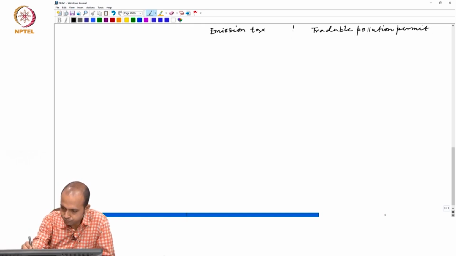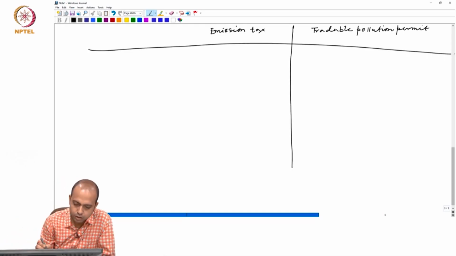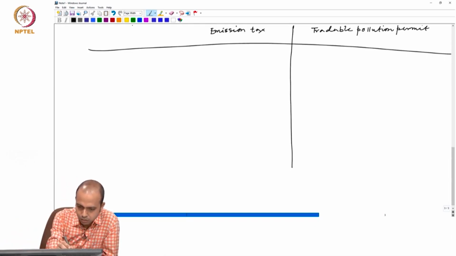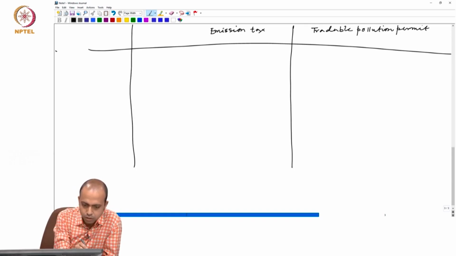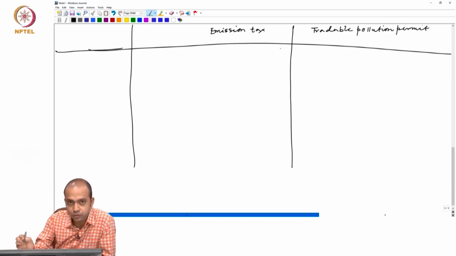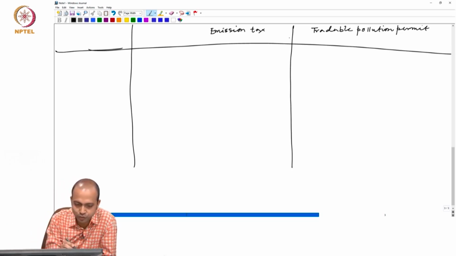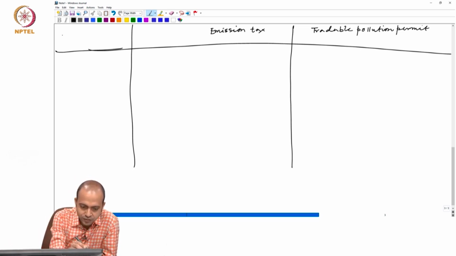So, when we are evaluating these two policies, emission tax and tradable pollution permit, what is the evaluation criteria?